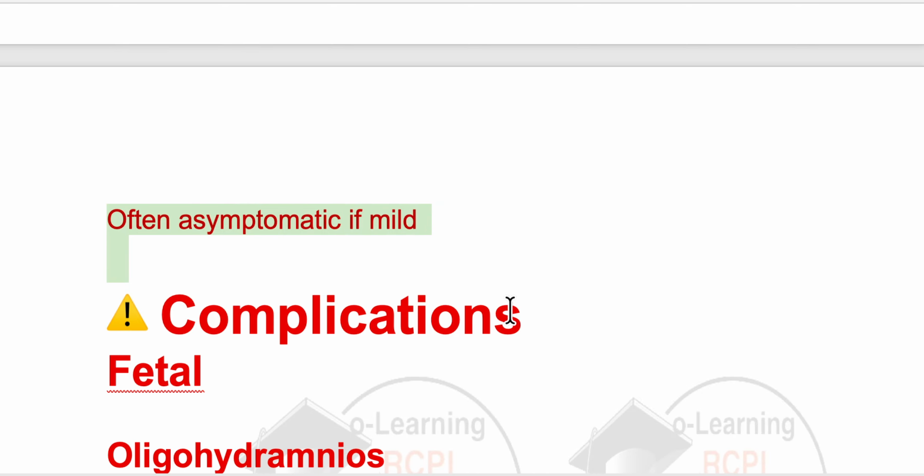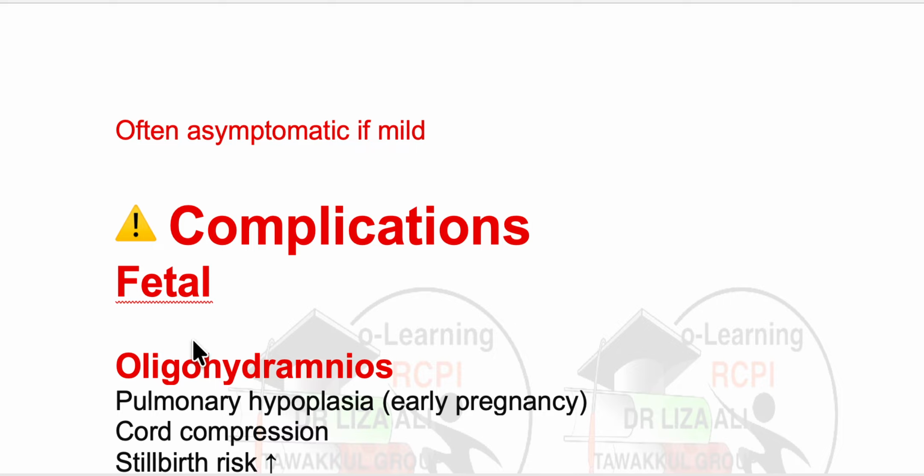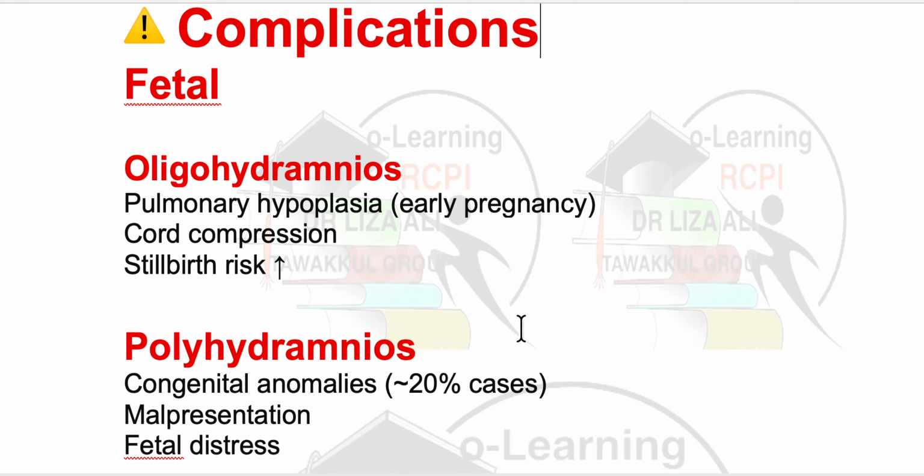Now we will go to complications. Fetal complications, the same thing, oligo and poly. Oligo complications are pulmonary hypoplasia in early pregnancy, cord compression, and increased chances of stillbirth. Why are stillbirth chances increasing?